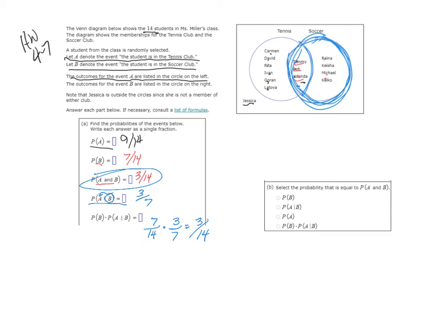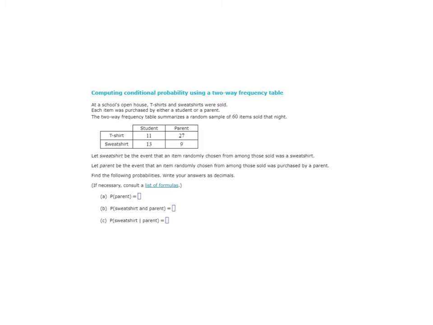That is what they want you to see, I think. So it says select the probability that A and B also equals this thing right here. So I would circle that right there. All right, get to play with that one a little bit. Next.